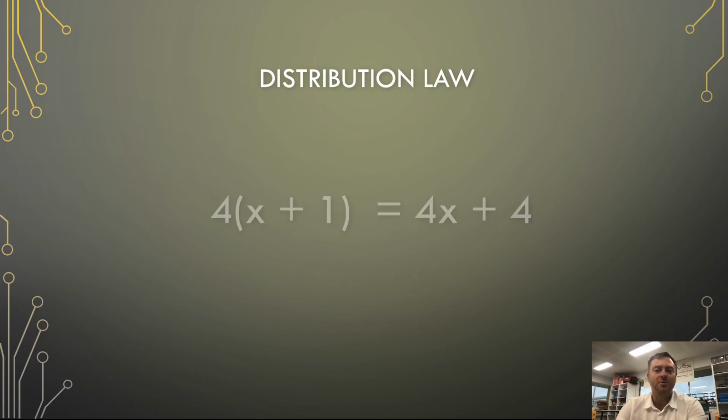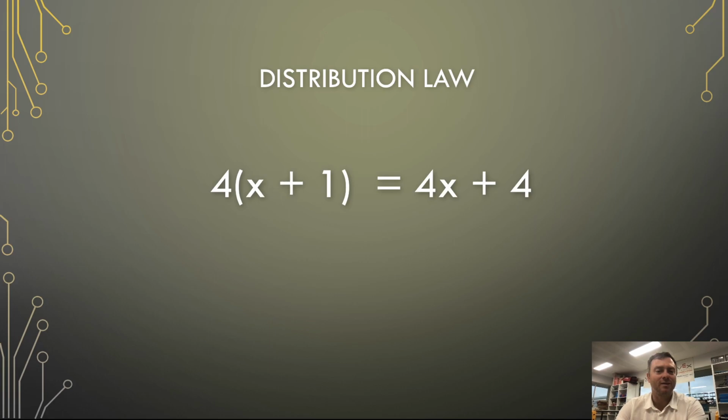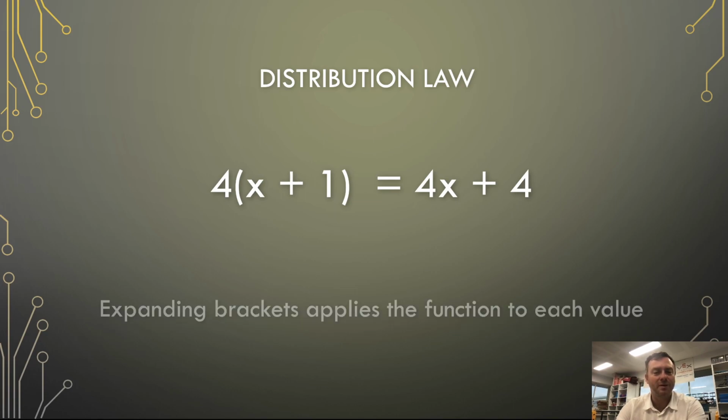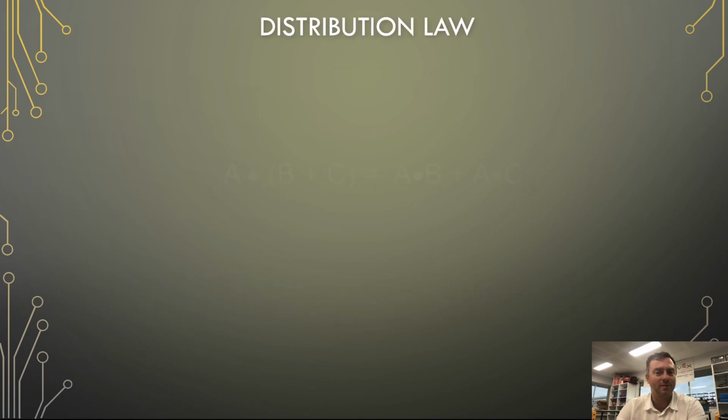The distribution law, bit of an algebra thing here. So if you have brackets and you put something out the front, you can go through and expand and times everything inside of it. So 4 bracket x plus 1 is equal to 4x plus 4. So when we expand the brackets, we just go through each thing. When we do the same with and or or in our Boolean algebra, it's exactly the same.